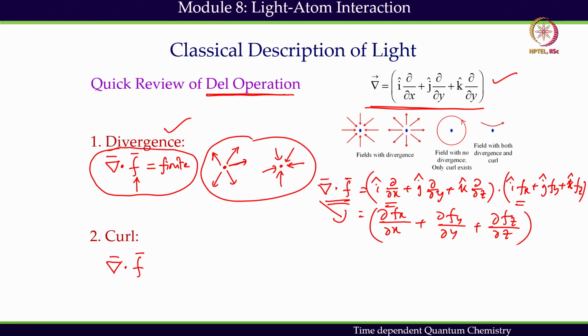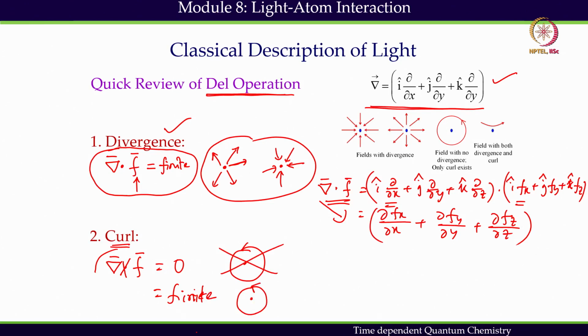On the other hand, I can check the curl, which is defined by the cross product of the del operator with the field, and if the curl is 0, it means that the field is not rotating in nature. But if it is finite, if the curl exists, then the field is rotating in nature.